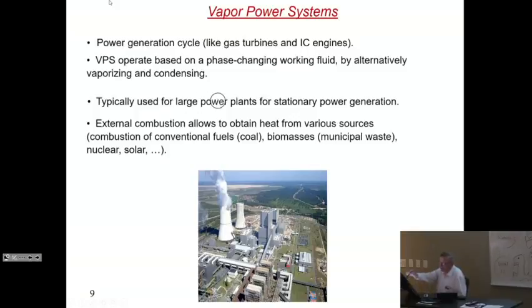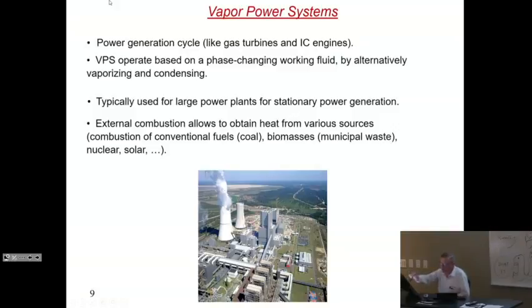They are typically used for the large power plants and stationary power generation. Now, the source of heat, these are cycles. So you have a QC in, a QC out, and a Q hot in, and you do work out. Where does that Q hot in come from? Well, most of the time, it comes from external combustion of conventional fuels, coal, biomasses, municipal waste.